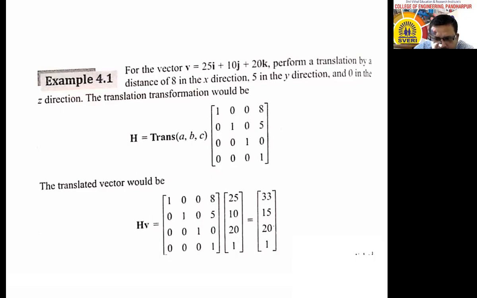The translated vector would be HV, that is H into V. Matrix multiplication: the matrix 1 0 0 8, 0 1 0 5, 0 0 1 0 and 0 0 0 1, times the column 25, 10, 20, 1. 25 into 1 plus 8 into 1 is 33. 10 into 1 plus 5 into 1 is 15. 20 into 1 is 20, because 0 into 1 is 0, and the last multiplication 1 into 1 is equal to 1.